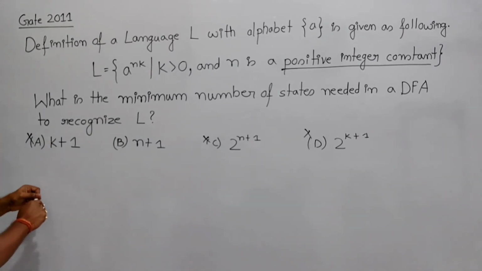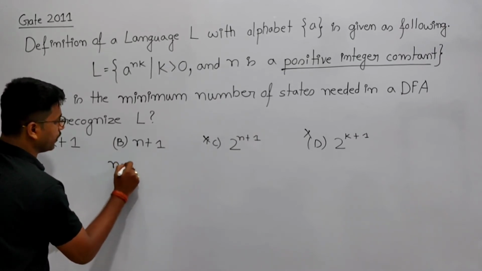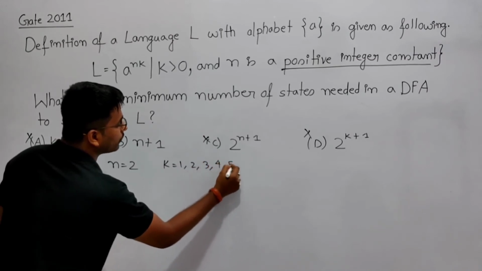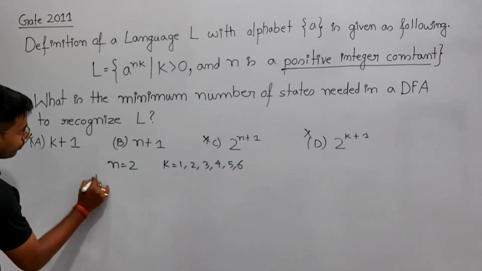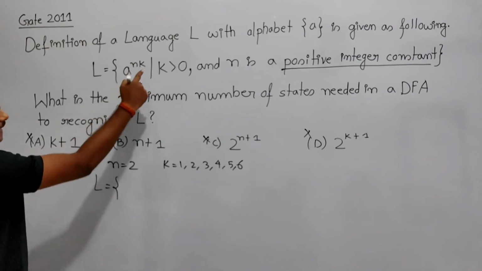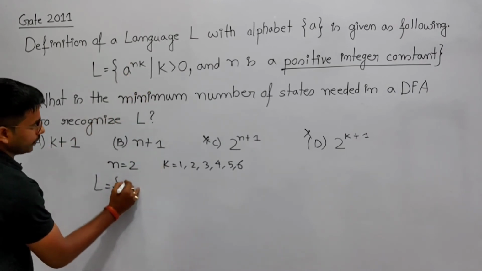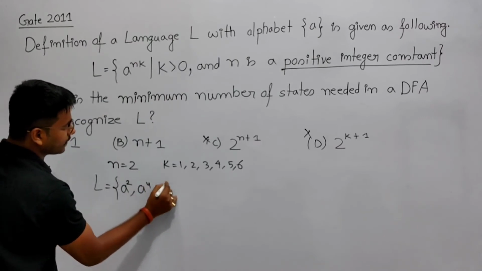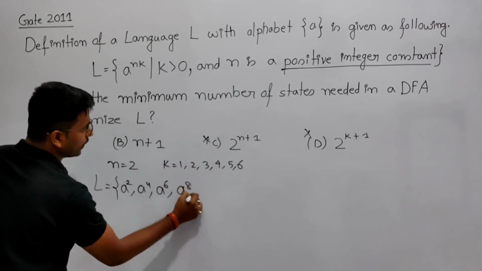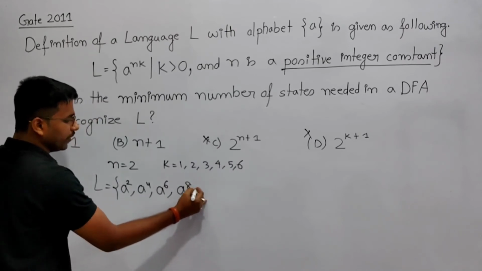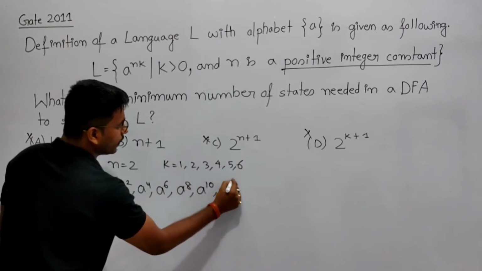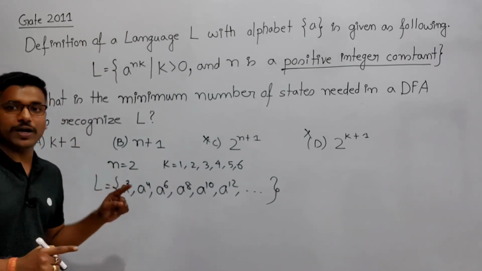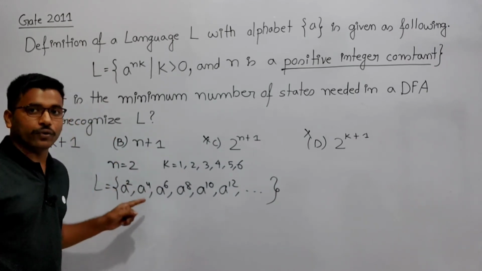Let me show you how it looks when n is 2. So I am taking n equal to 2. Then k is going to vary from 1, 2, 3, 4, 5, 6, like this. So the language is going to contain a^(nk): a^2 for k=1, then a^4, then a^6, then a^8, then a^10, then a^12. So if you see, it is going to contain multiples of n. When n is 2, then 2, 4, 6, 8.